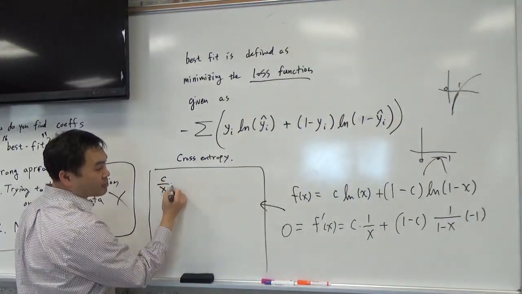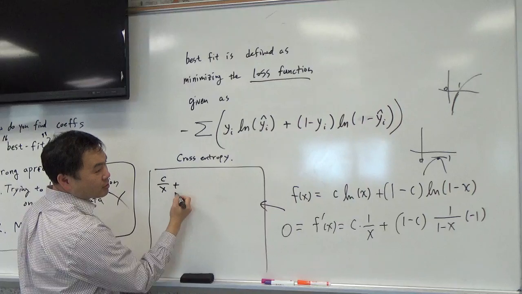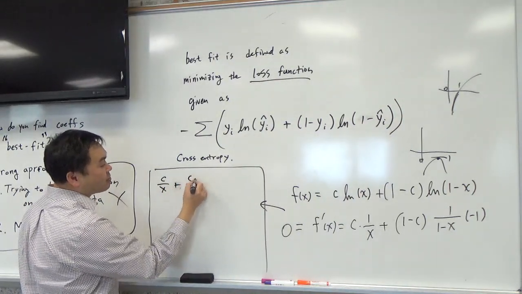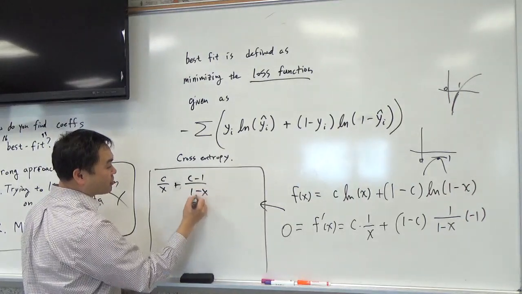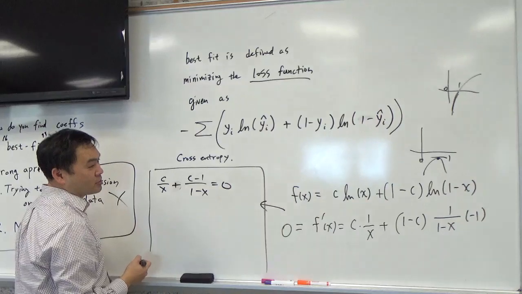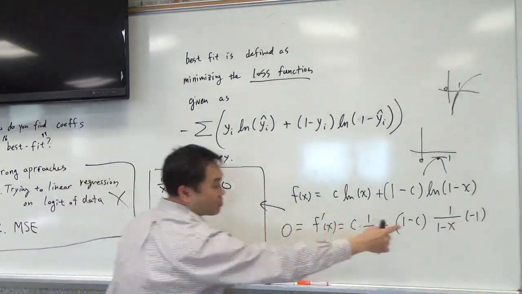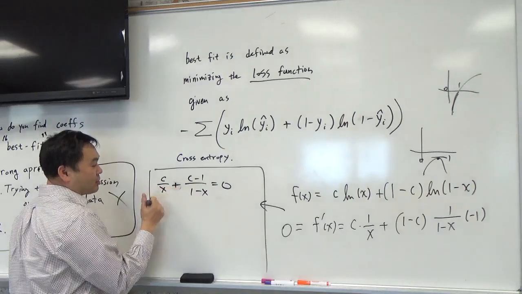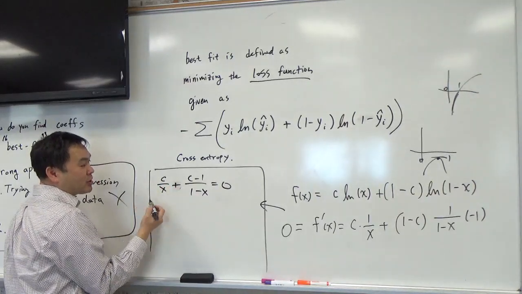c over x plus, well, I can make this plus c minus 1 over 1 minus x equal to 0, by multiplying the negative 1 to here. Let's multiply by x times 1 minus x to everything.